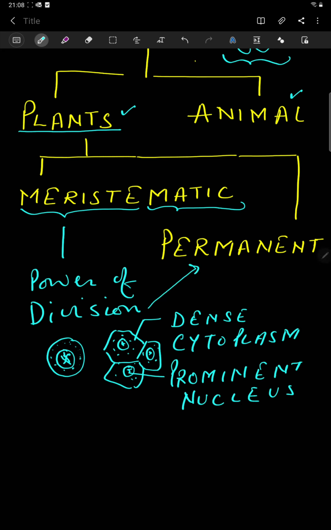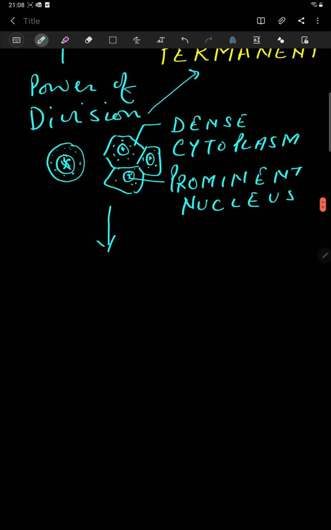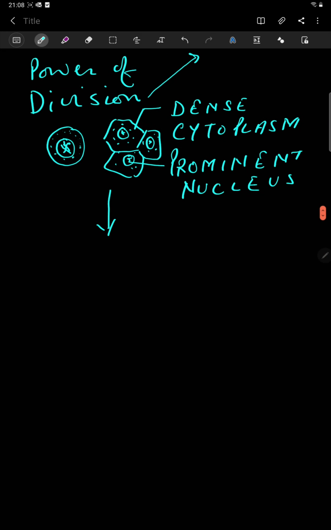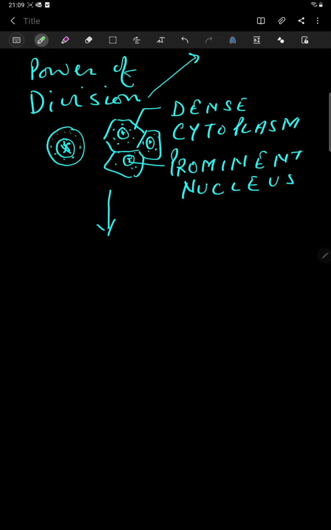First of all, I am going to tell you that on the basis of their position, where these meristematic cells are present in the plant. Now a diagram is also there in the book. It is like this one. I am going to make the stem part, taking the apex.